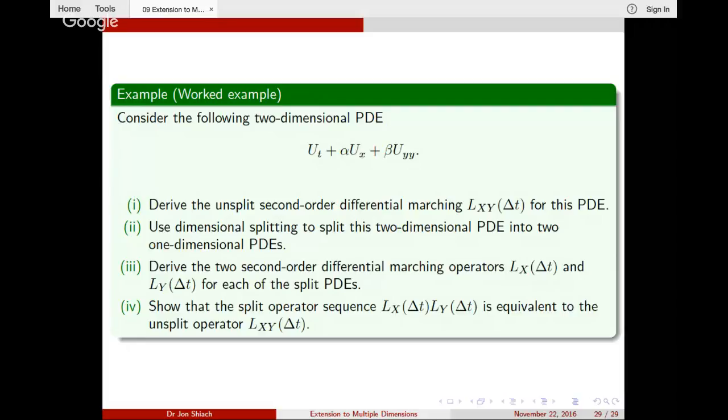So what I'm going to do now is work out what the combined operators are. If I do the split, if I solve in the x direction, then in the y direction, what's the product of that?